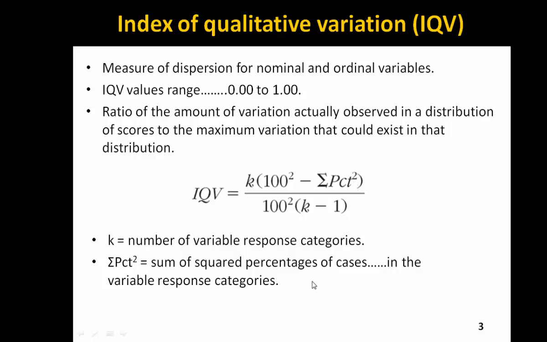And this is simply the sum of the squared percentages of cases within each of the variable response categories. So if we have a dichotomous variable, based upon the definition, it will have two different categories, and therefore we will only have to sum two values here.